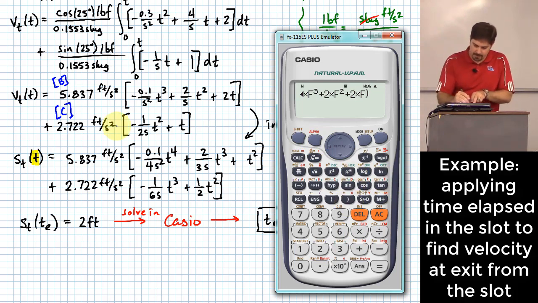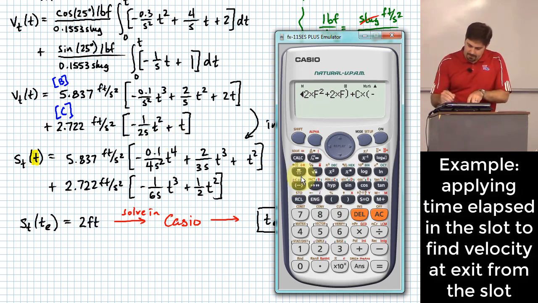And to this I'm going to add the value I have stored in C times minus f squared over 2 plus f.